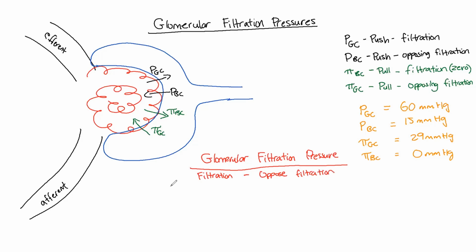This is why it's so important to really zero in on which forces are favoring filtration and which are not, so that we can plug this in with a little bit more ease.